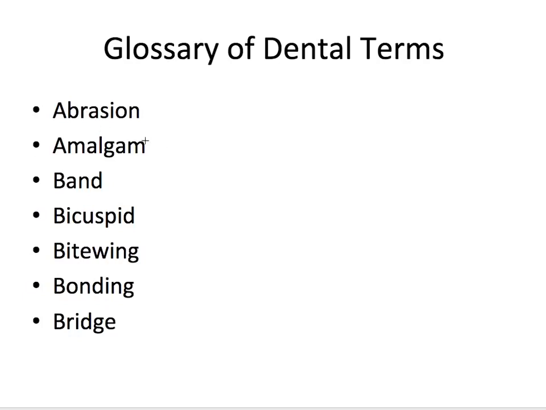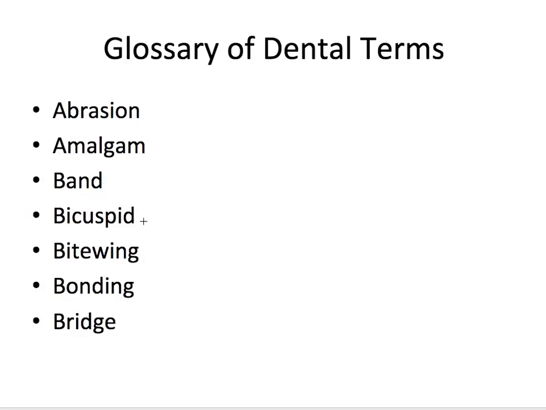Amalgam refers to a dental filling material made up of a mixture of different metals such as mercury, silver, tin, and copper, also known as a silver filling. A band refers to a metal ring put around a tooth with cement as part of orthodontic treatment.